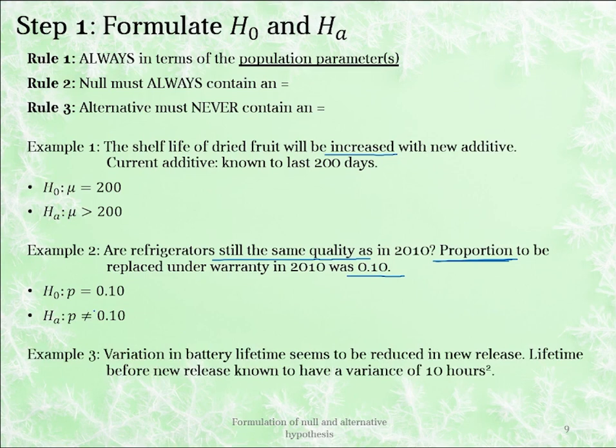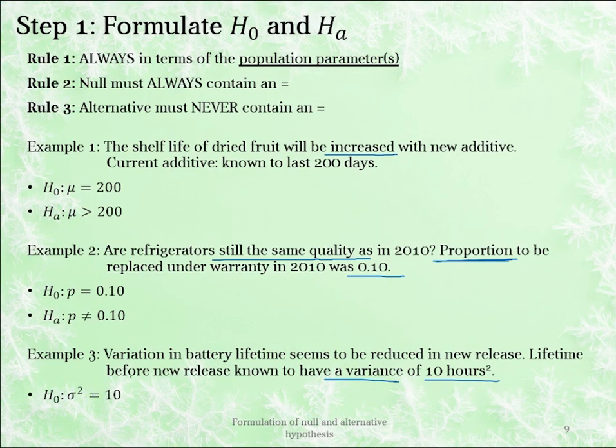Then our third example, a manufacturer claims a variation in battery lifetime seems to be reduced in their new release. So they've done an upgrade on their batteries and they think there's less variation in the battery lifetimes. So lifetime before the new release is known to have a variance of 10 hours squared. So here we're working with variance. So our null is going to be that the variance, and again notice population variance, is still 10.